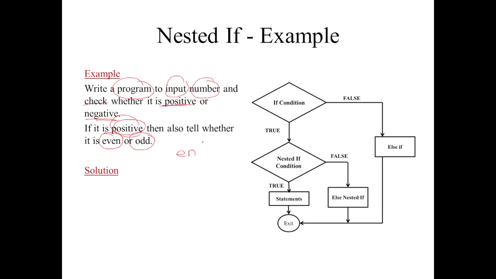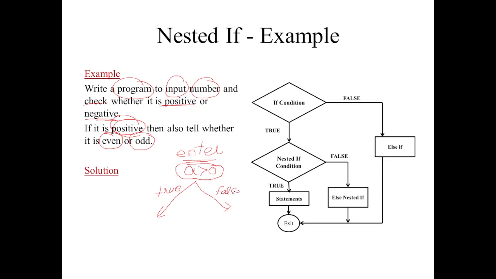So how will this program work? First of all, we will enter the number and check whether it is positive or negative. To check whether the number is positive, we will see whether it is greater than 0 or less than 0. If the number is positive, then this condition will become true, otherwise it becomes false.